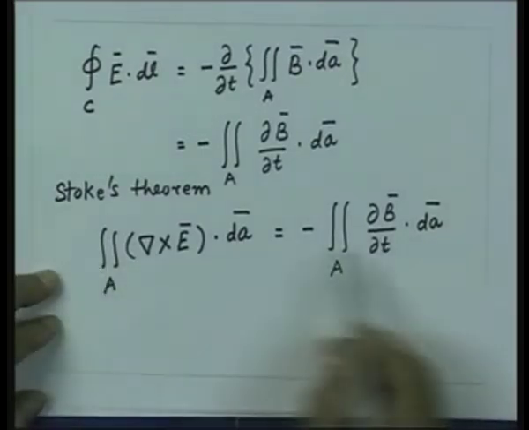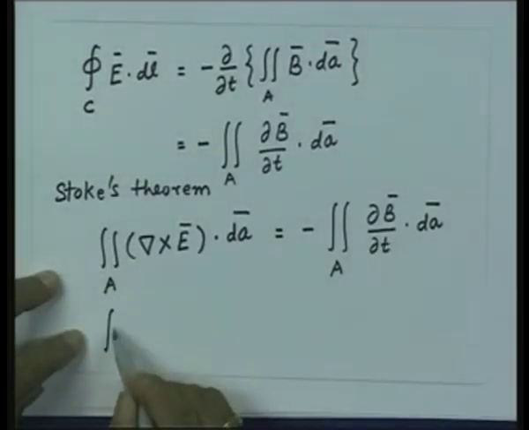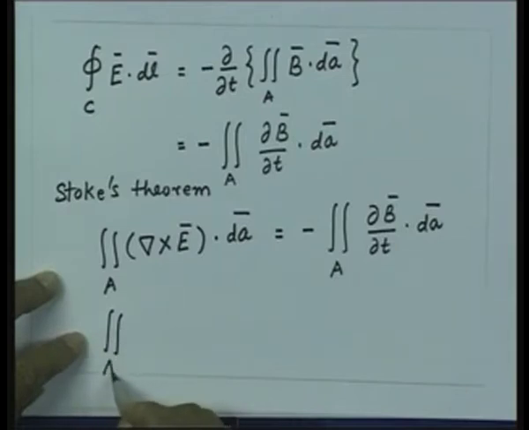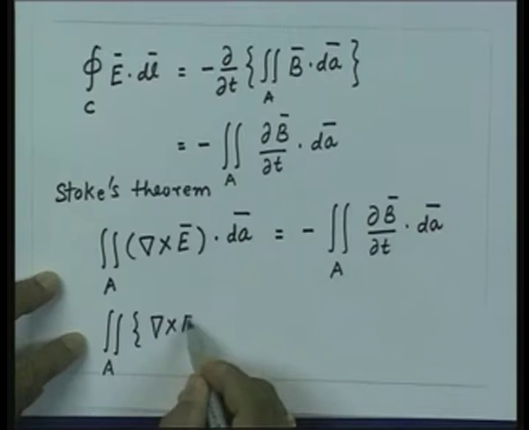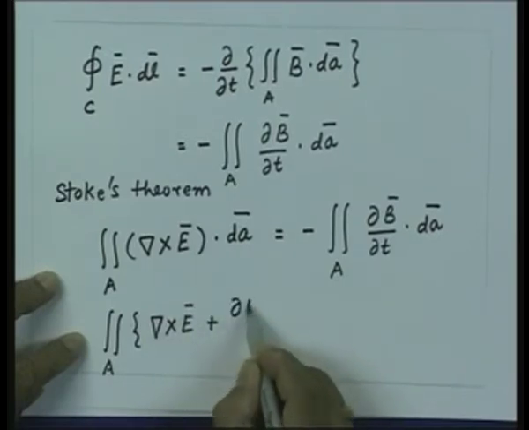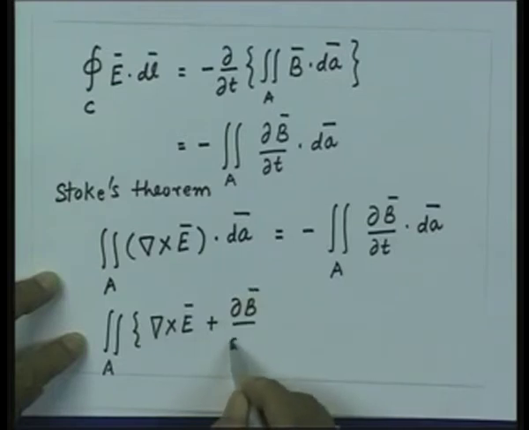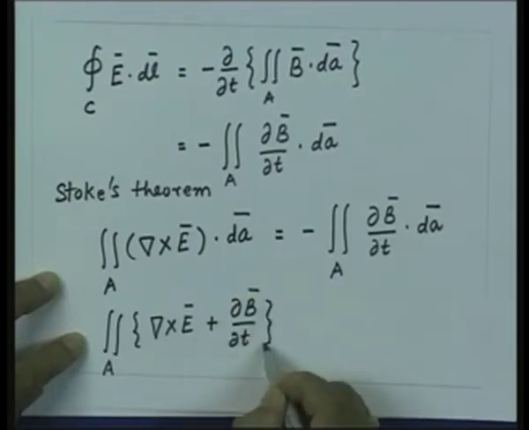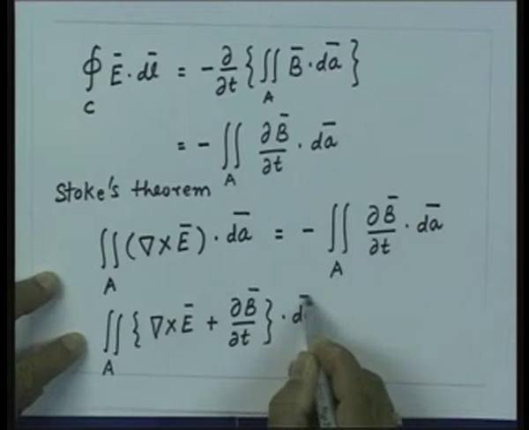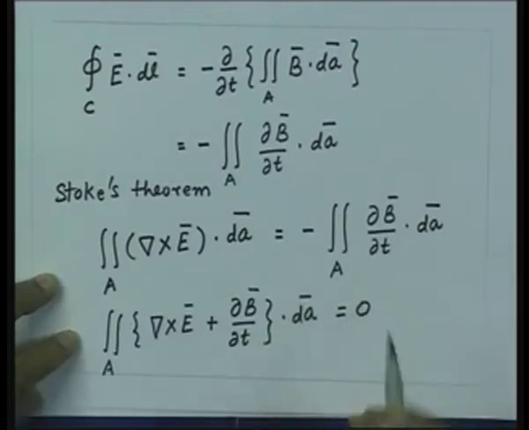Again, as we did earlier, we bring this term on this side, and for any arbitrary area A, this is del cross E plus dB by dt dot dA, that is equal to 0.